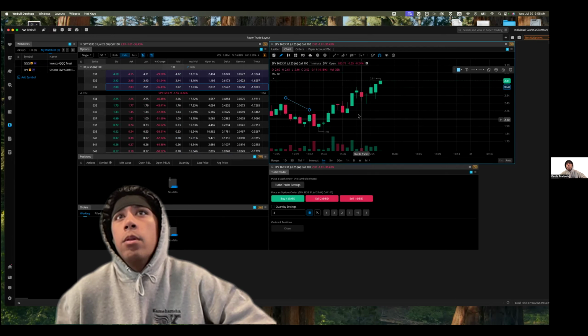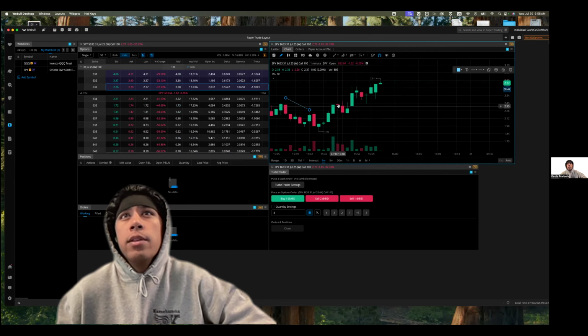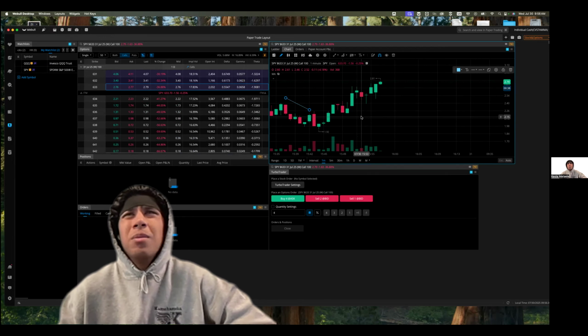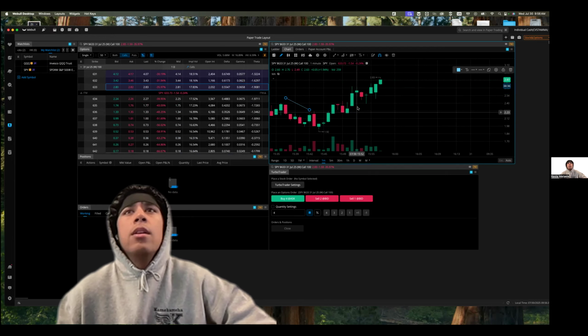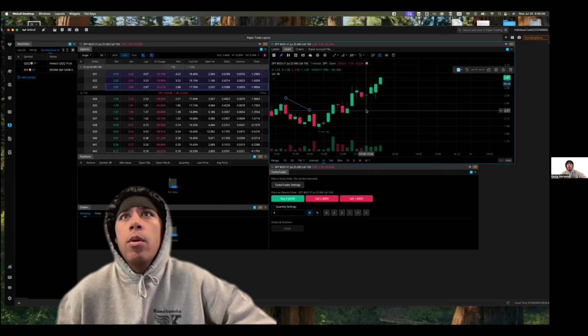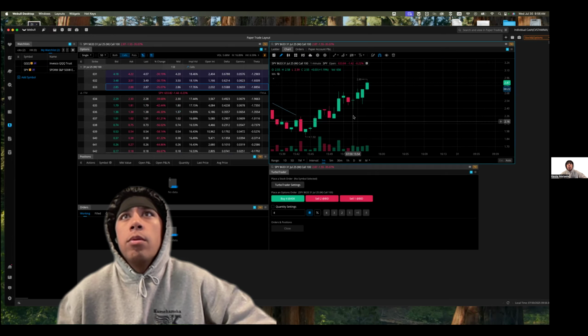And we get another, I forget what this is called. I forget if this is a hammer or a star or something. I don't even know. But yeah, and then we get more upward pressure. So yeah, it seems like this was a hammer, a good hammer. And it's going up.